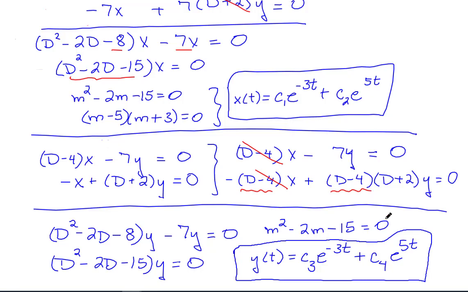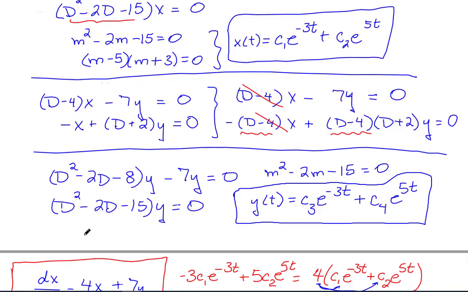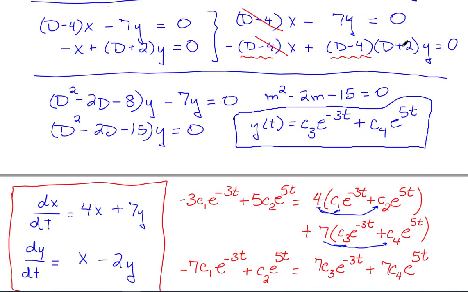And so, cleaning that up, I've got this multiplication, so D squared minus 2D minus 8. And from the top one, I've got the minus 7y. All right, so again, my quadratic equation, I get two distinct roots.